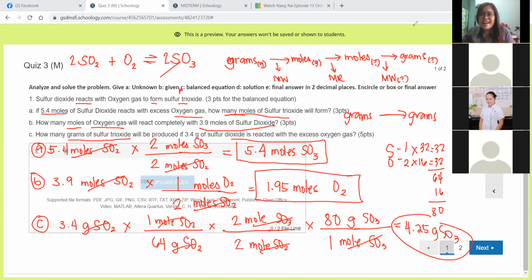So sulfur should be 32 and oxygen is 16. Okay? So 32 plus 32 equals 64 plus 16, it's 80. Okay? So please check your periodic table again.